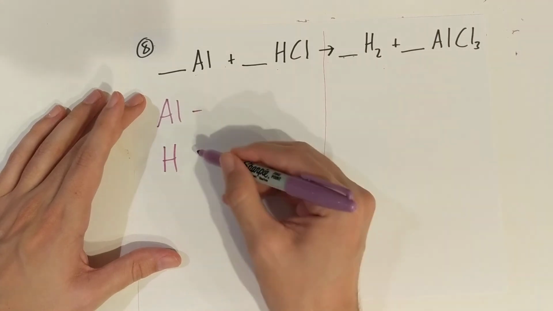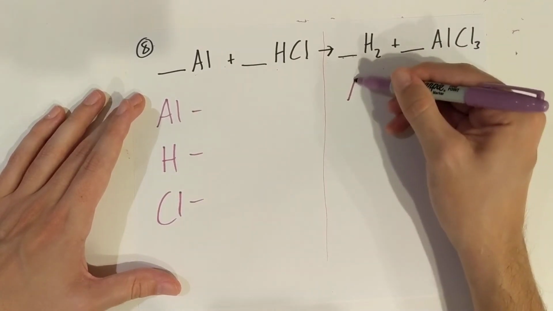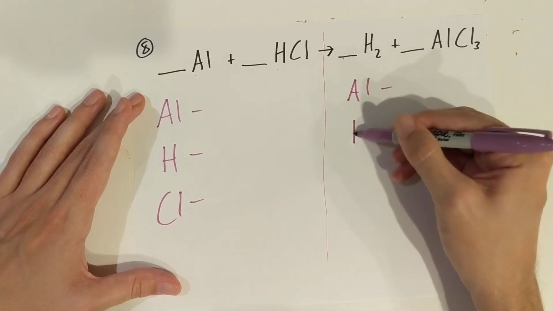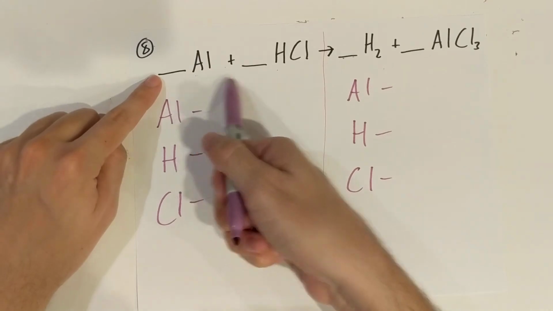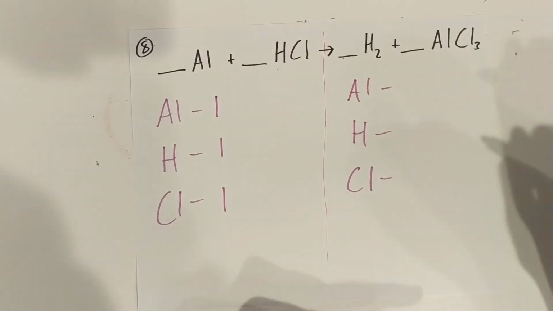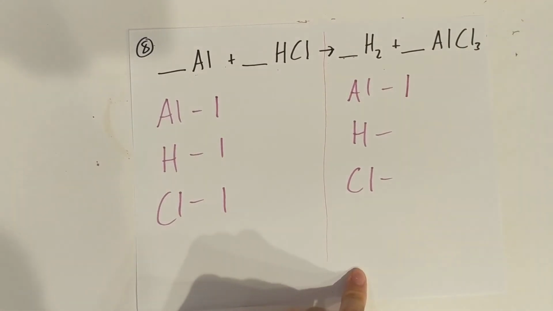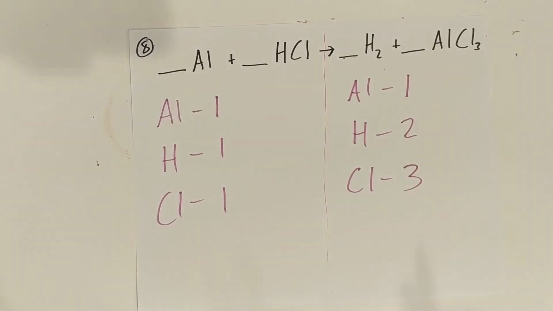We got hydrogen. And we got chlorine. So that's what we're going to have on this side too. Aluminum, hydrogen, chlorine. We got 1 of each on our reactant side. Product side, 1 aluminum, 2 hydrogen, 3 chlorine.